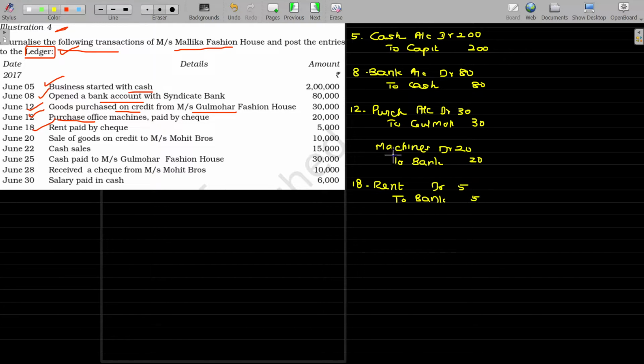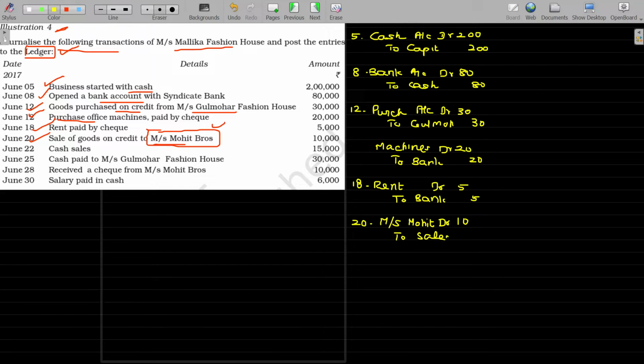And 20th, sale of goods on credit to Mrs. Mohit Brothers. Credit transaction. So, party's name should be there. And sales should be credited and Mohit Brothers should be debited. So, on 20, the entry being Mrs. Mohit Brothers to sales.